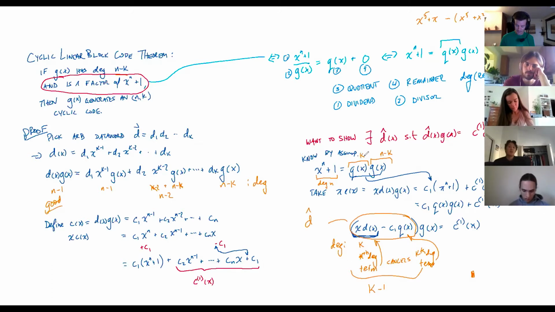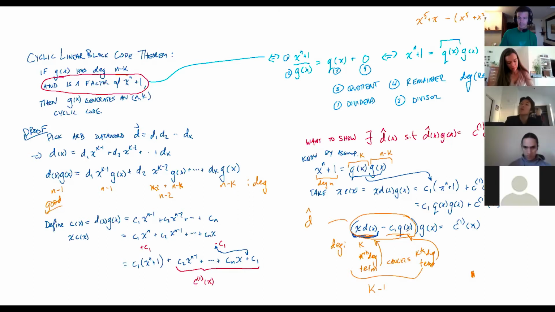Okay. Yeah. That makes sense. Yeah. So the two things in these parentheses are both degree k, but we constructed them such that the things multiplying x to the k will always cancel. Okay, that makes sense. Thank you.